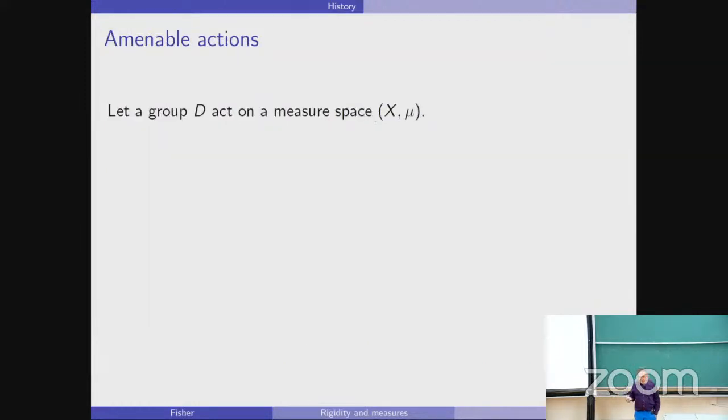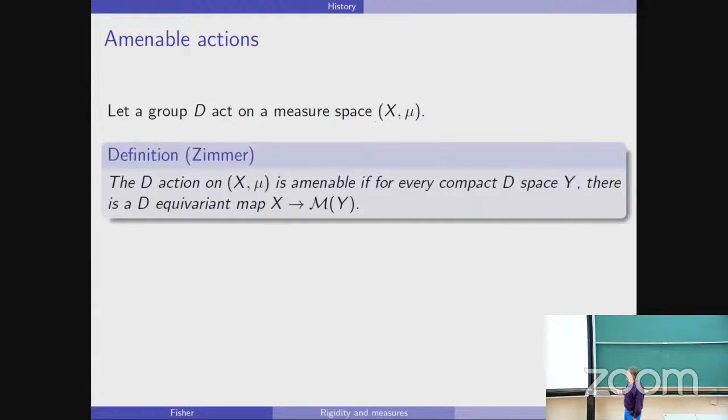So I now want to talk about a way in which the way Zimmer thought about this hid the easy argument I just sketched for you. He wanted to think about a general action of some arbitrary group on a measure space X, mu, and he defined something called amenability for an action, generalizing amenability for a group.